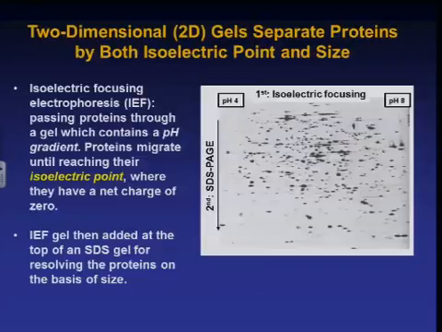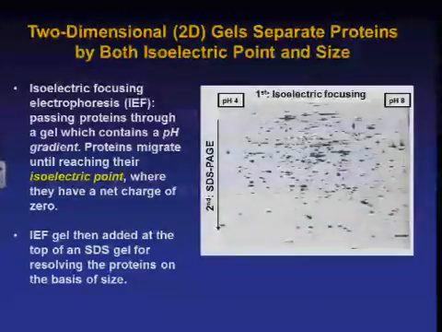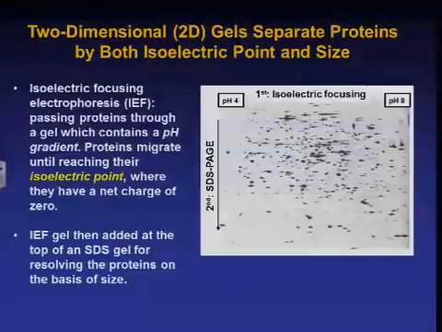A couple of minutes on 2D gels. I won't go over this too much other than to say that if you run proteins on a 1D gel, there are a lot of proteins that may be the same size and they'll overlap each other as a band on a gel, but really that band is many protein species. So another parameter is isoelectric point.